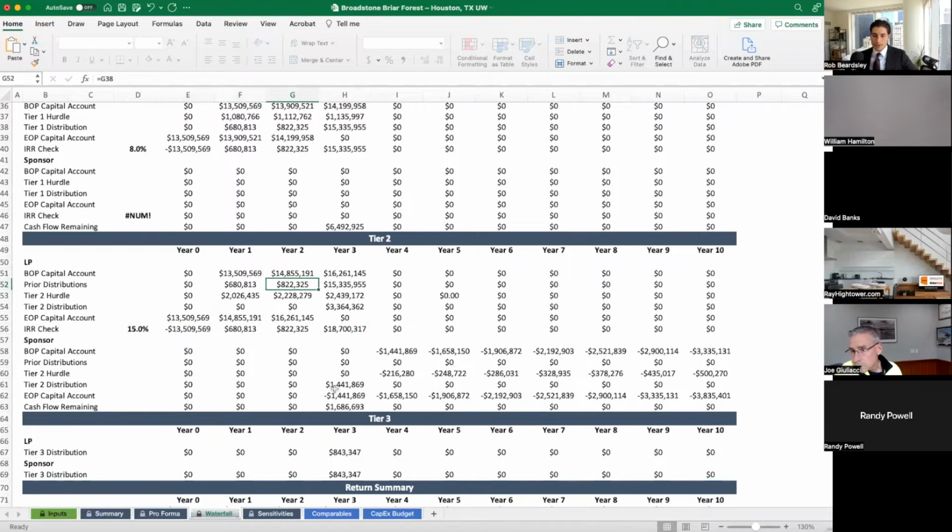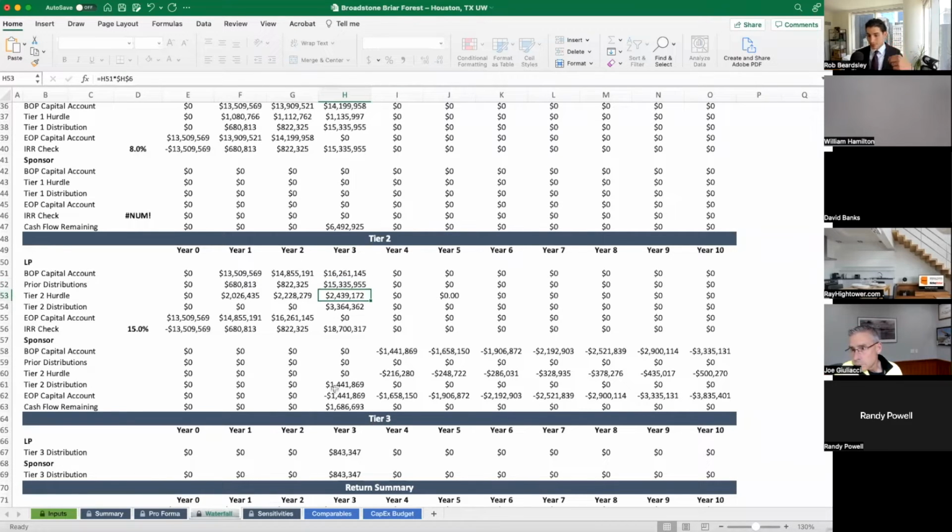So same thing we do in year 2. We take the hurdle rate less what is distributed, and we tack that onto the end of period capital account. So now the capital account has ballooned to over 16 million. And in order to satisfy the 8% pref, we paid out 15.3 million, right?